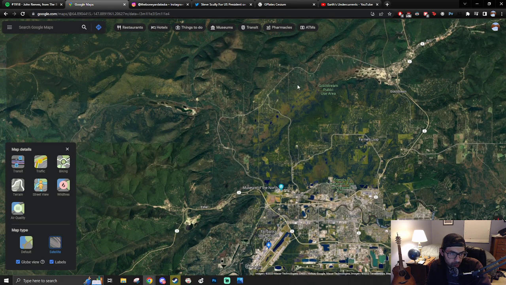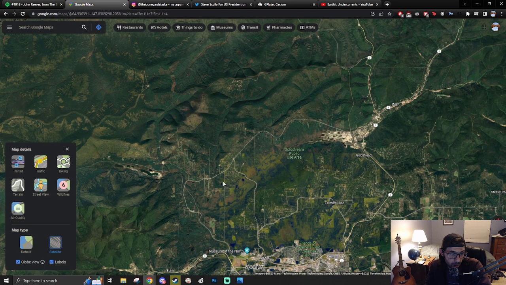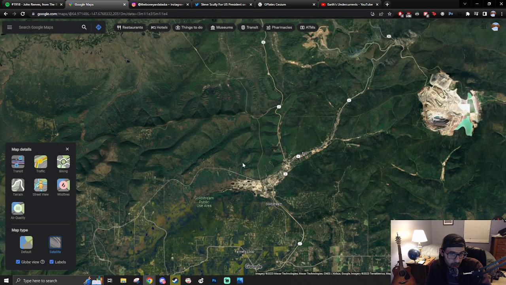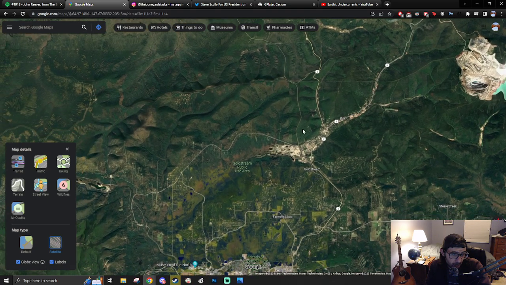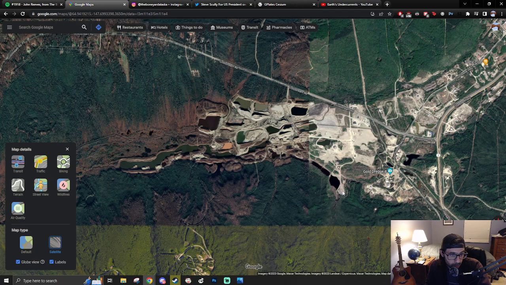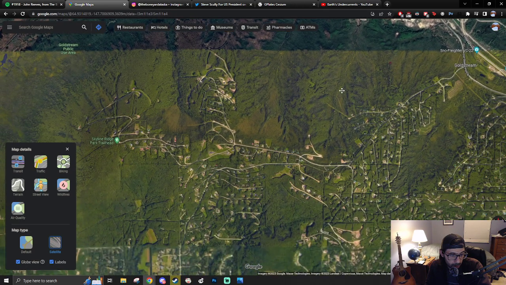Oh yeah, past this region too, up into here. And then up this way. And maybe they kind of got stuck here, just where the water ends.